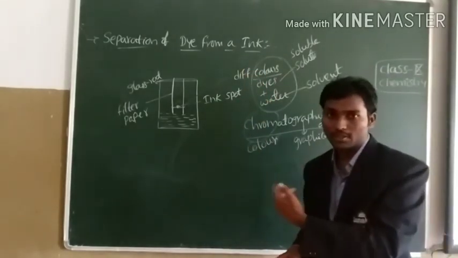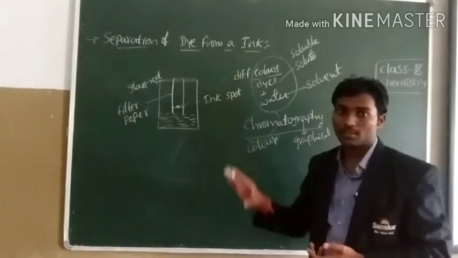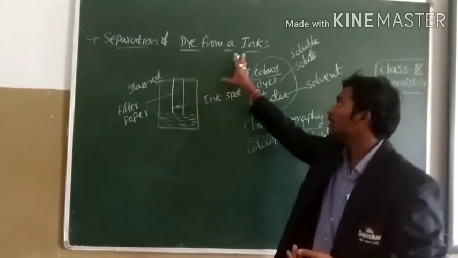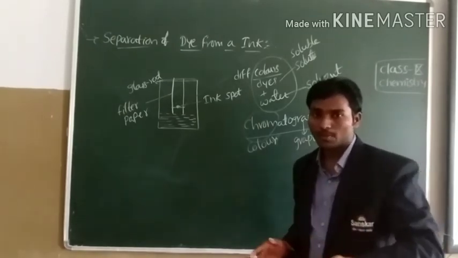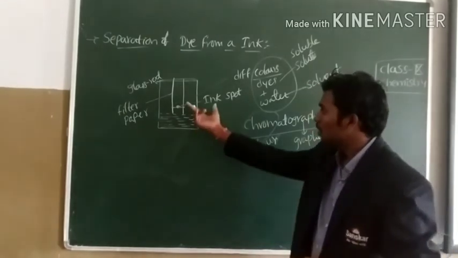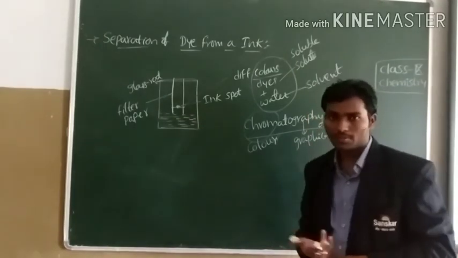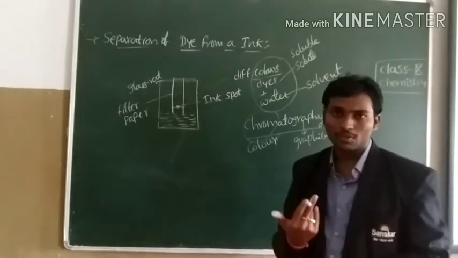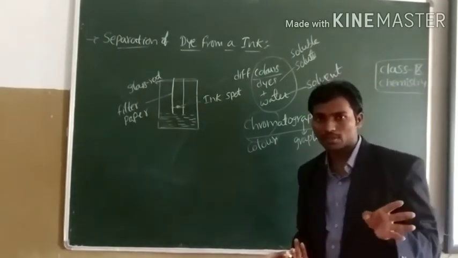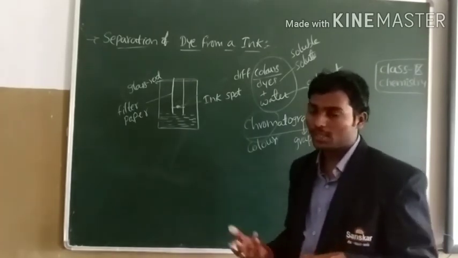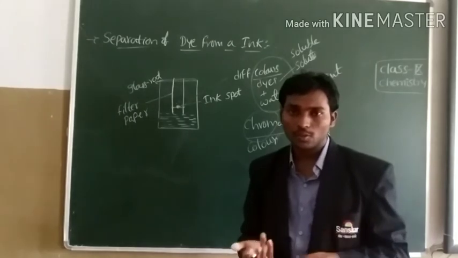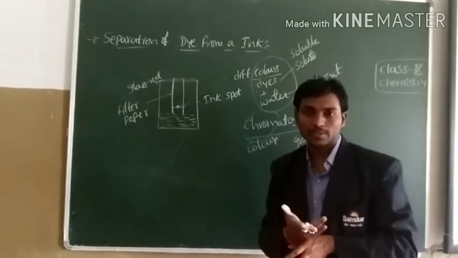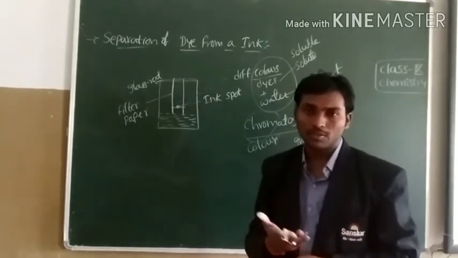By the chromatography technique we can separate the components of ink, because ink is not a single substance, it is made up of different colors. It is one type of chromatography, children. Nowadays we have types of chromatography: gas chromatography, column chromatography, paper chromatography, TLC, thin layer chromatography, and HPLC, high performance liquid chromatography.